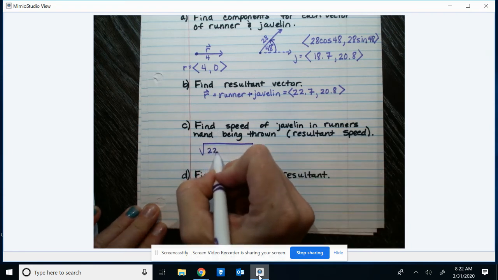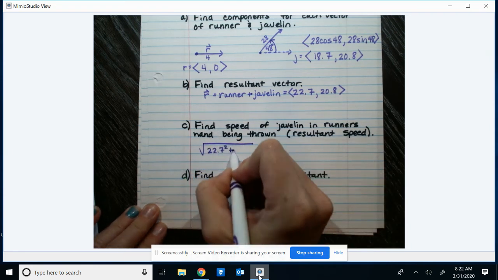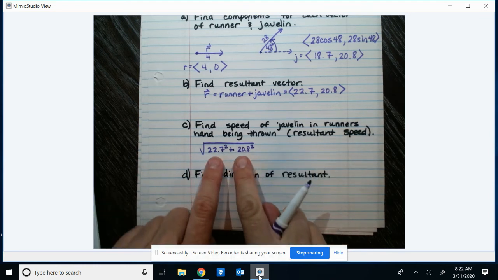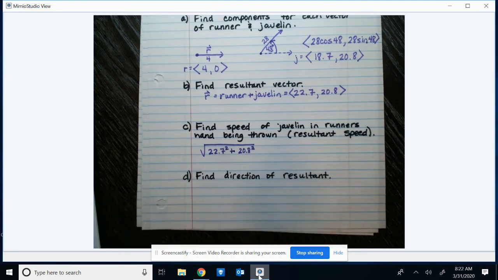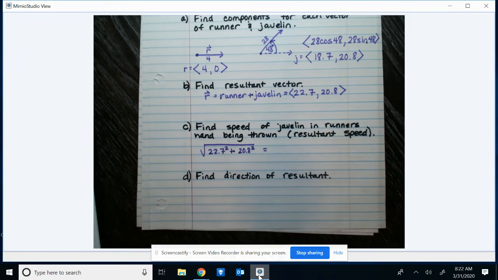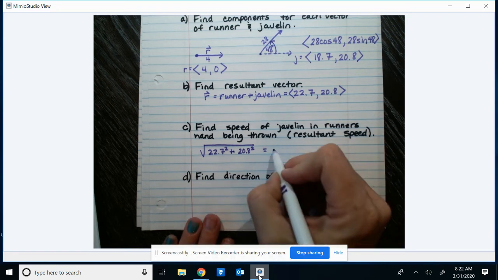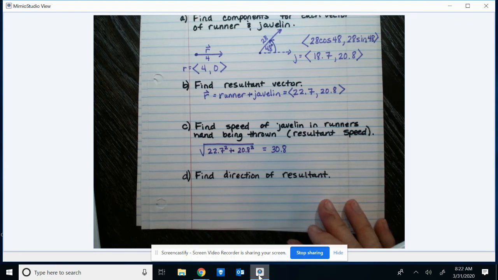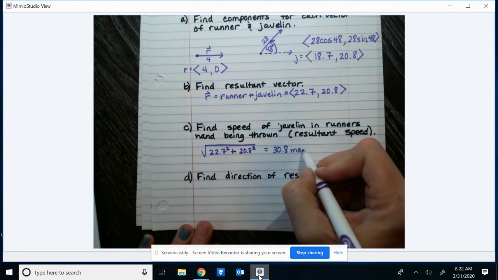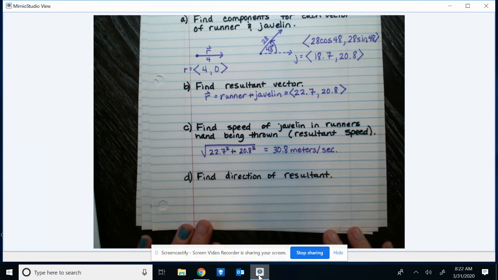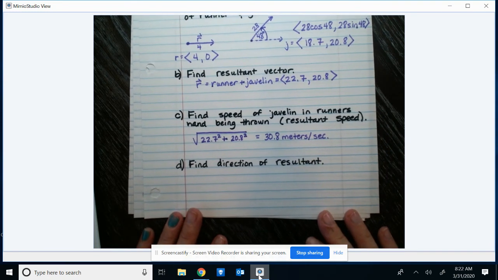So 22.7 squared plus 20.8 squared. If any of these values are negative, make sure you put them inside the parentheses before you square them. So if you put that in your calculator, you're going to get 30.8. The label on this is meters per second for the speed.